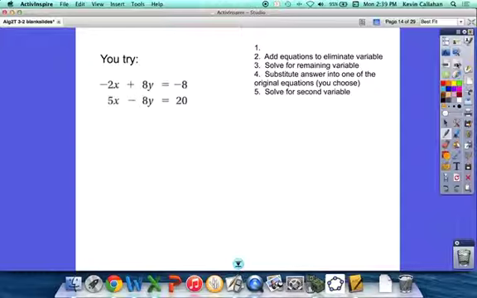Incorrect. How did that end up being negative 12? Negative 8 plus. Who got answers? Correct. Where's yours? Correct. So what was the answers? 4, 0.